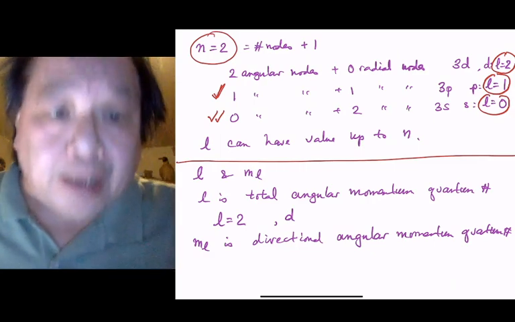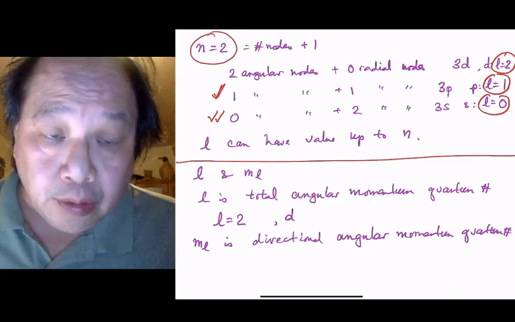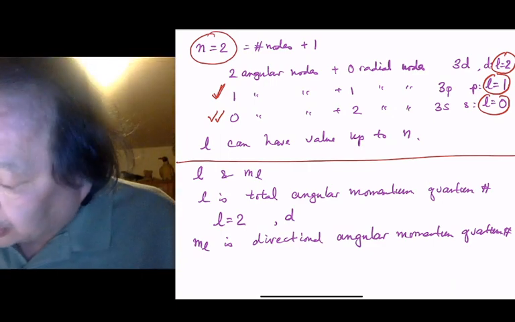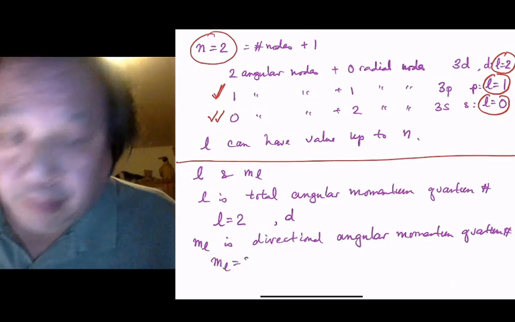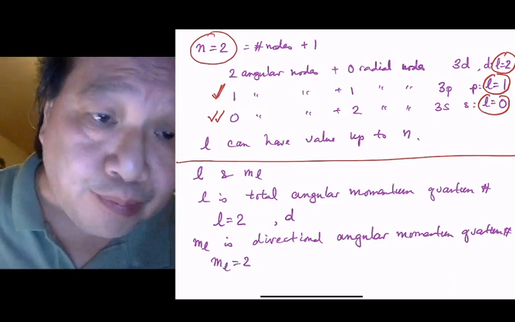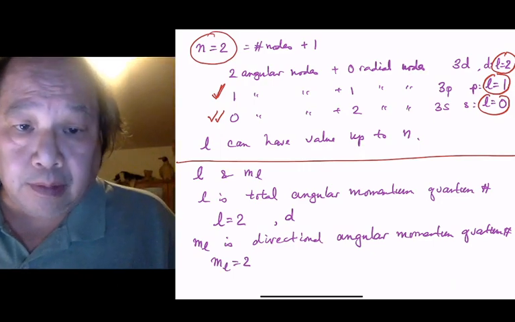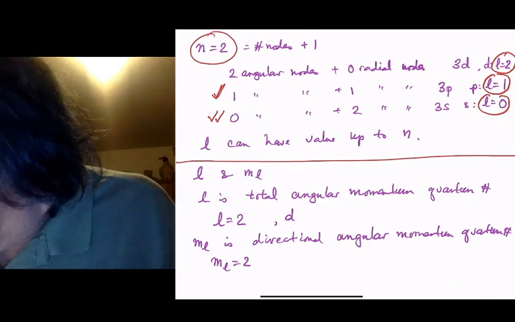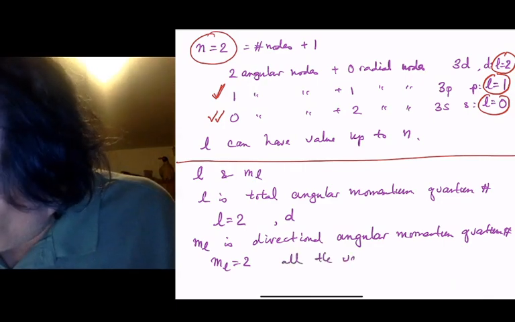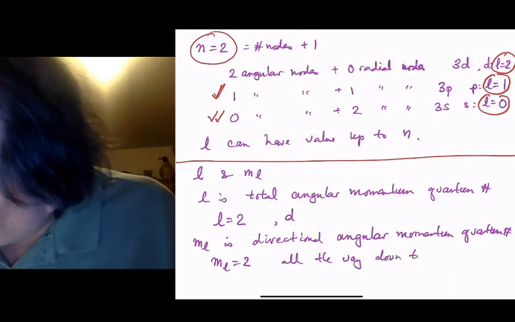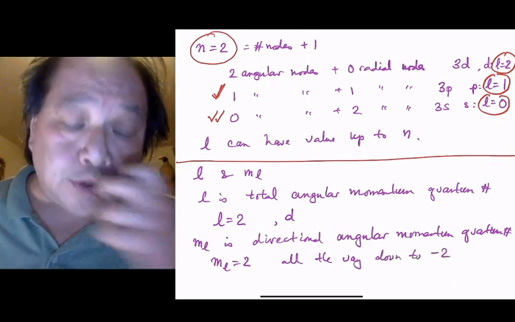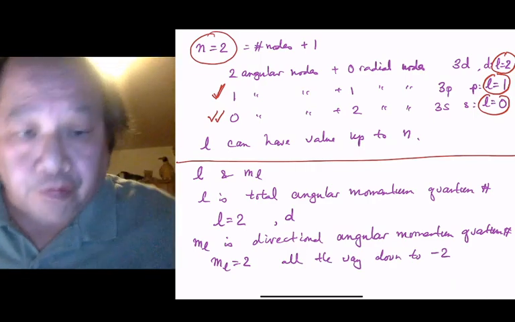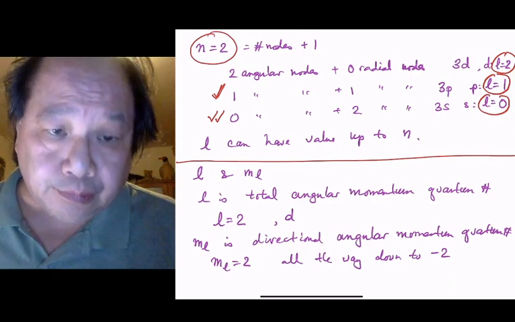So if it's really spinning with an L equals 2, what is the greatest directional angular momentum? And the answer is 2, because that's the actual maximum it spins. And it can go all the way from 2 all the way down to minus 2 because it turns out the difference between 2 and minus 2 is spinning in a clockwise versus a counterclockwise direction.